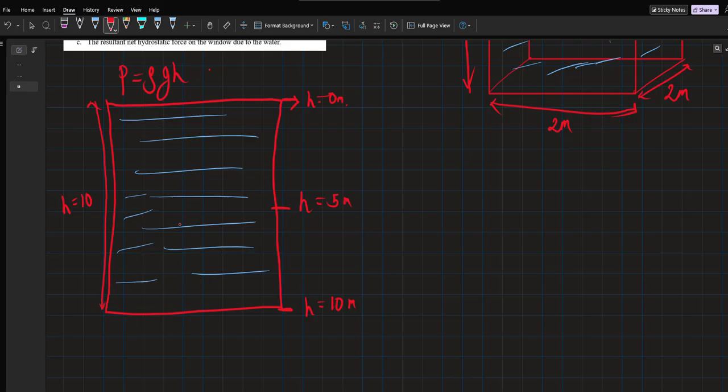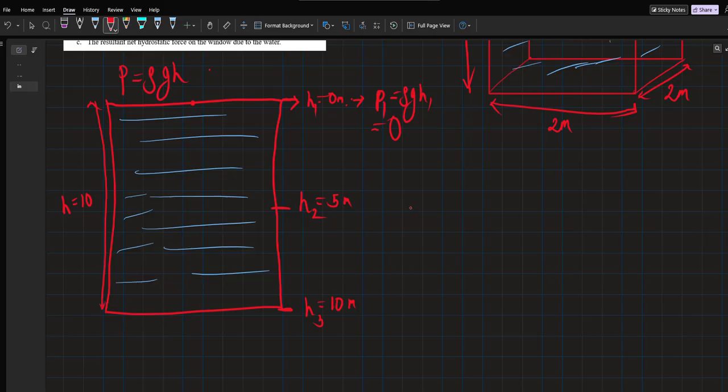So the pressure at these points, take them as P1, P2, P3, will be rho g h1, h2, h3. h1 is 0, since it's the top and there is no water above it, so the pressure at the top is 0.